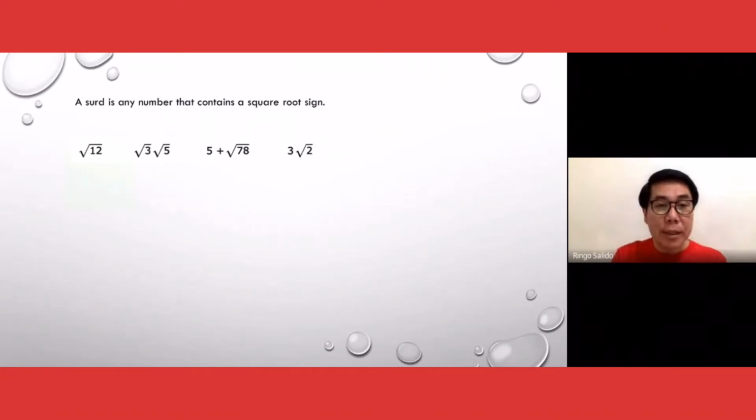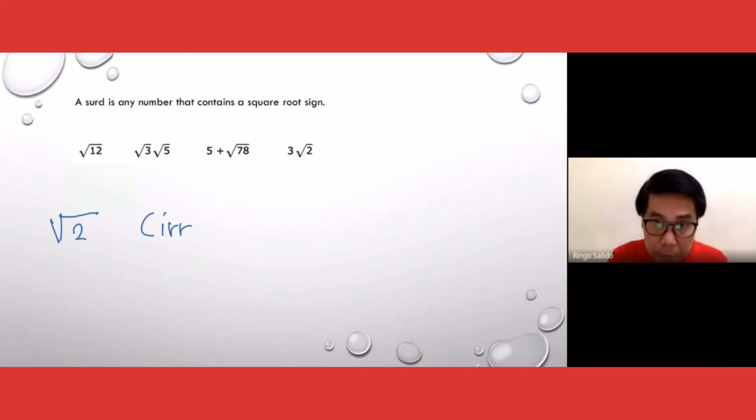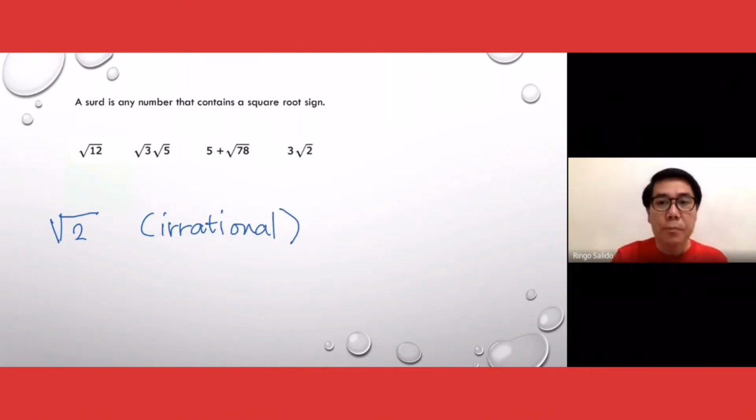Let's say, for instance, we have the square root of 2, which is equivalent to a decimal number that goes on forever, and it becomes irrational. You could never write down its decimal accurately, as at some point it would have to be rounded off.